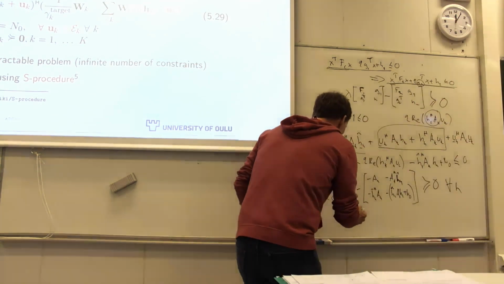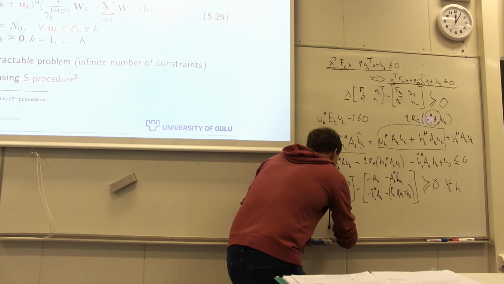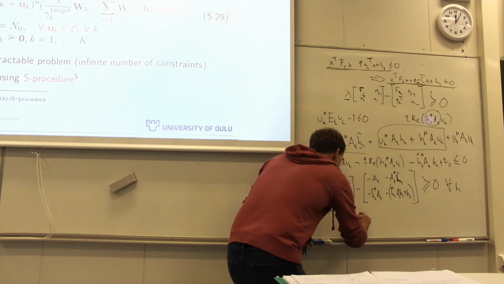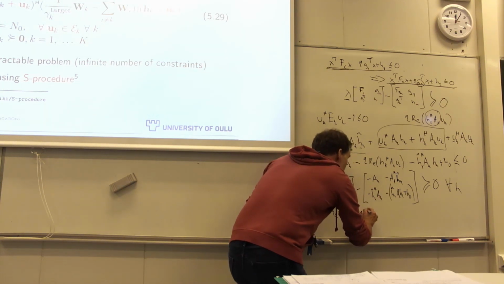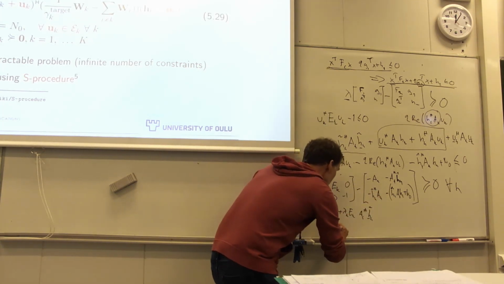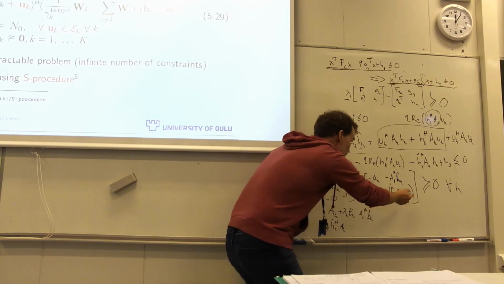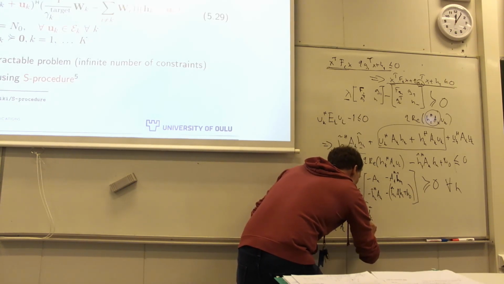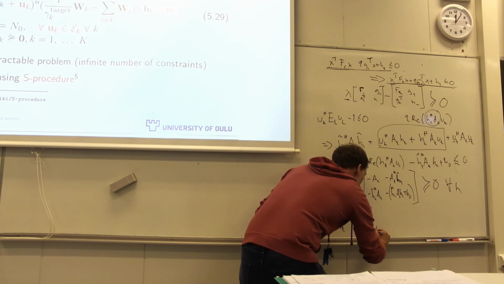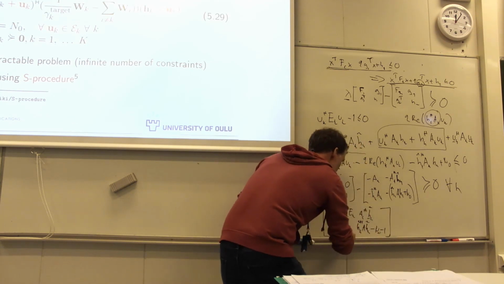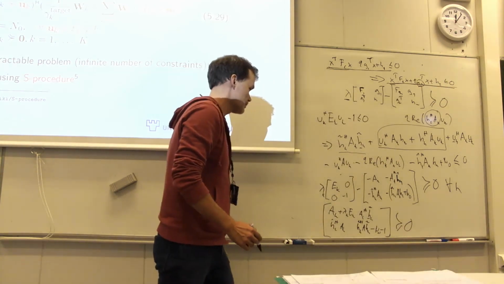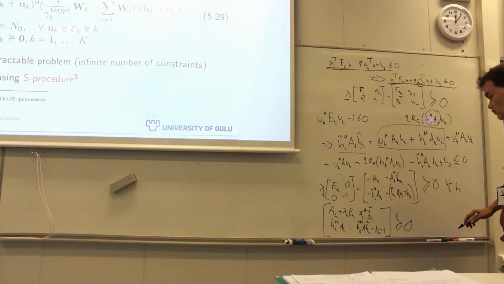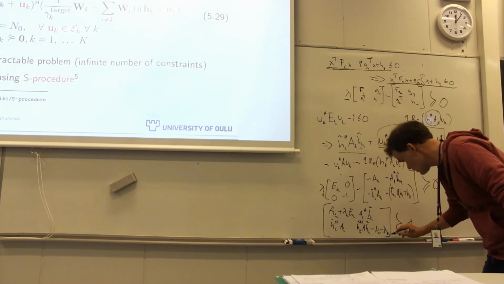So we can write it in a single matrix: AK plus lambda k ek, AK Hermitian HK. Then we have HK Hermitian HK. And finally, we have HK tilde Hermitian HK tilde minus n0 minus 1, lambda k, minus lambda k.